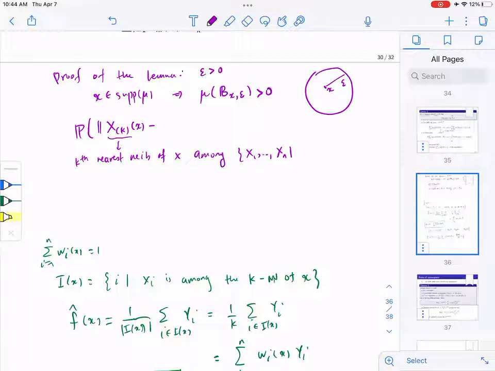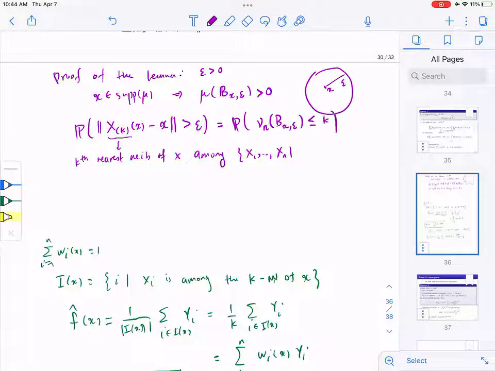So this minus x, where x is fixed here. So this probability is going to be equal, the event is basically equal to the number of points that I'm going to assign to a ball of radius epsilon.